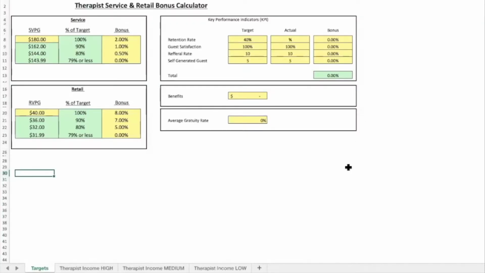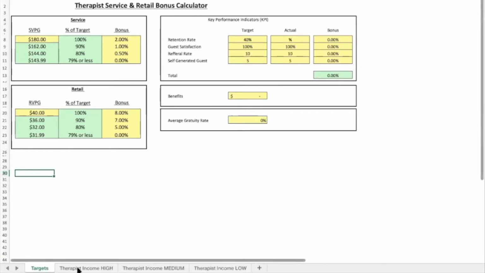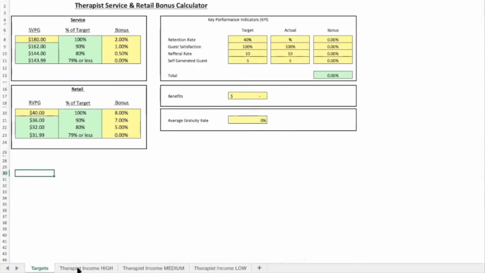So let's say you're going to pay hourly plus bonuses based on targets. So you could do this for whether it's an esthetician, massage therapist, RN, I mean, you name it, it's up to you what you want to use. And as you remember, these Excel spreadsheets have 4 tabs on the bottom.